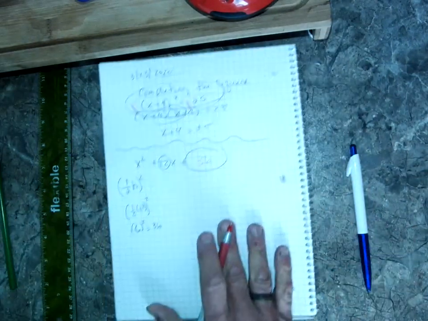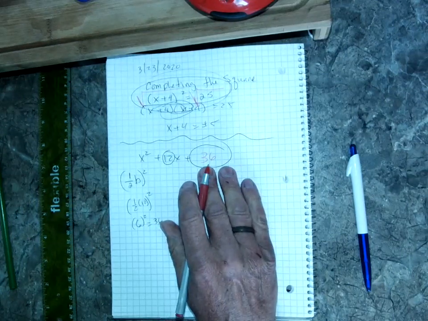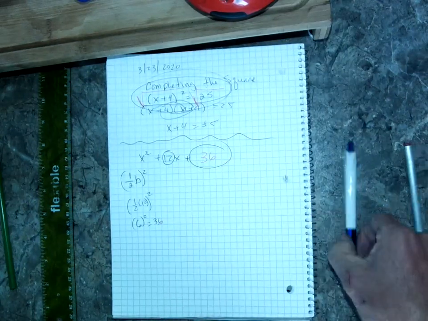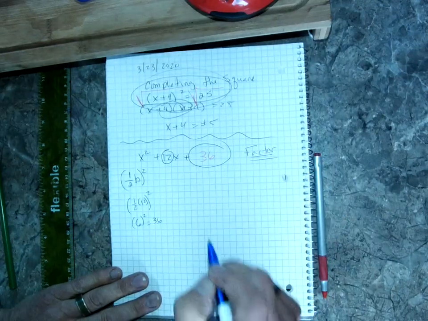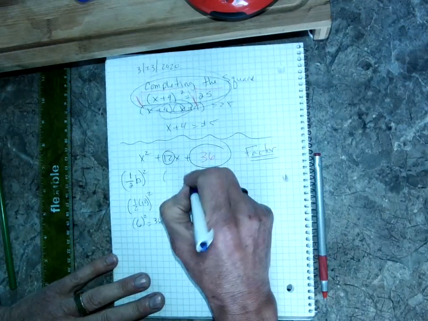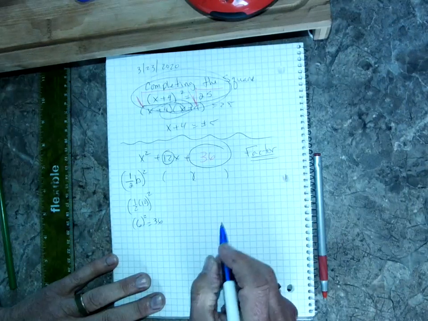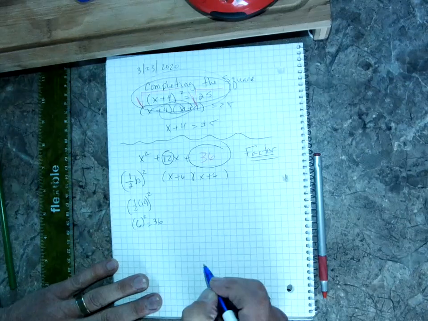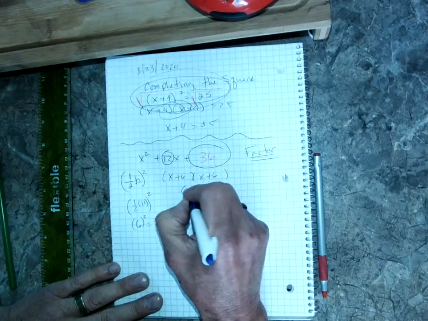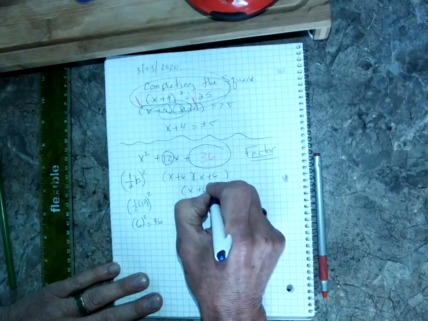Okay, so we created a new number, 36. Now, why do we do that? Because then we can factor. And this is what we want to do on today's lesson. We want to factor. And so this factors into x plus 6, x plus 6, which can be rewritten as x plus 6 quantity squared.